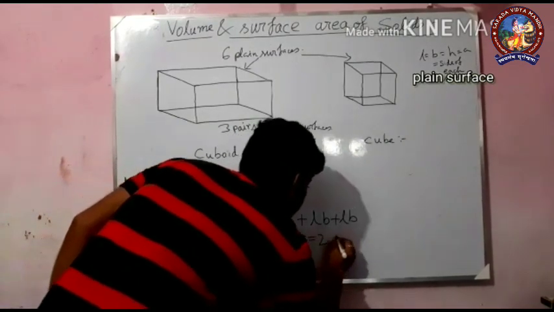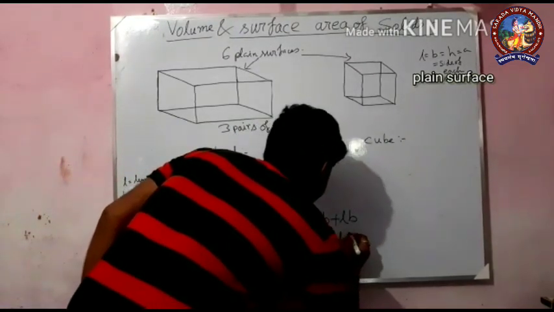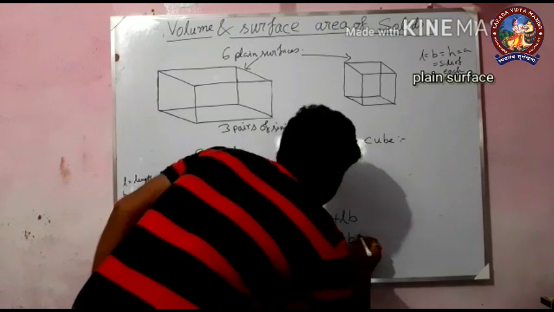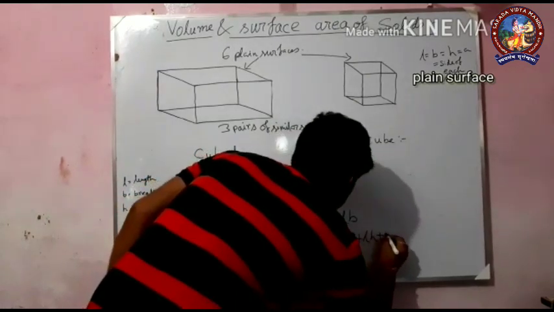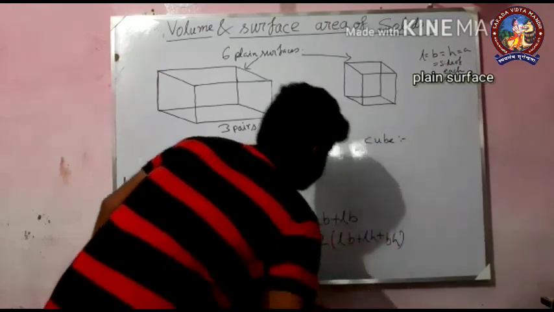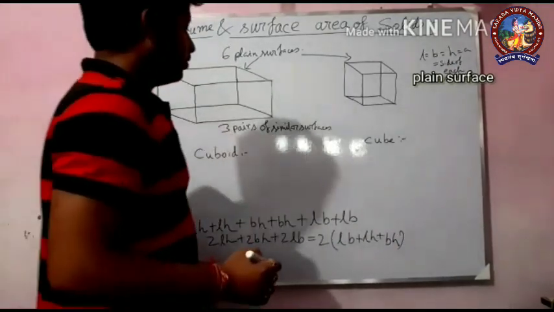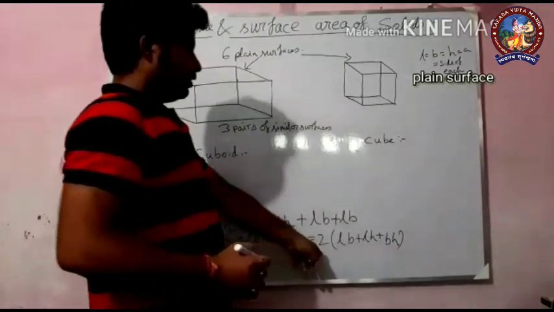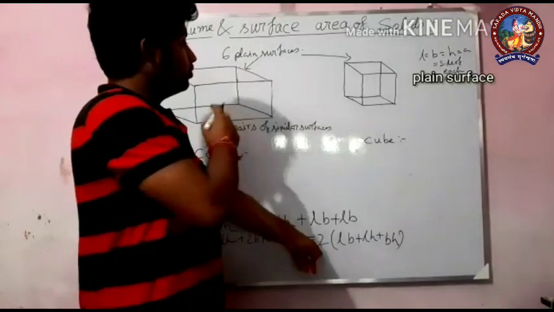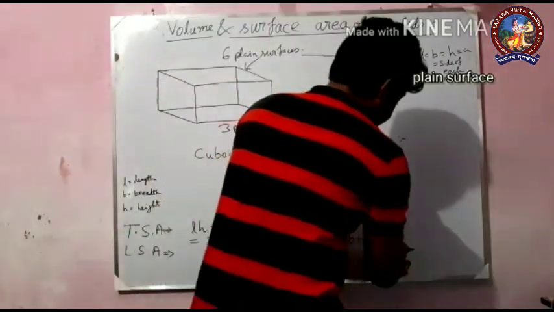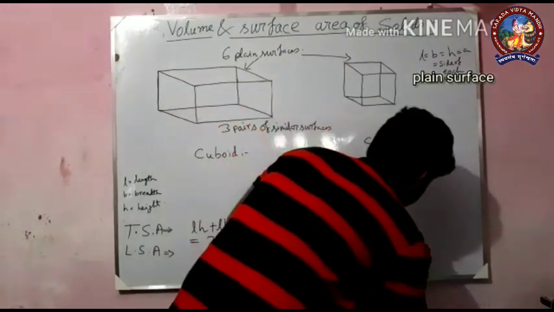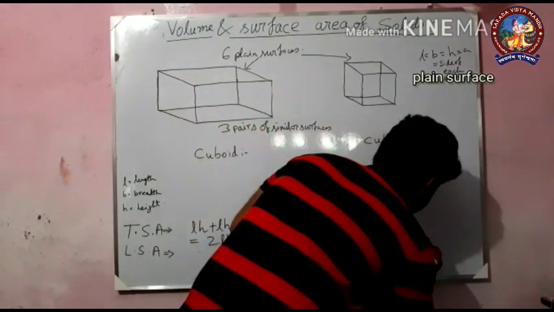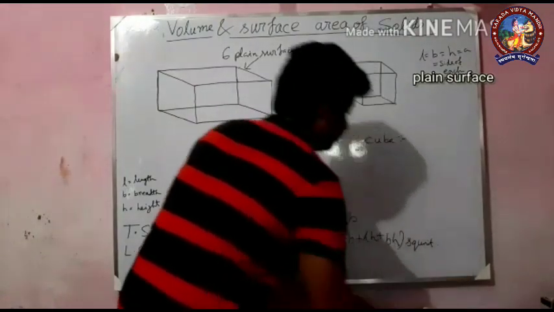That means exactly 2 into (LB plus LH plus BH). This is the formula for the area of a cuboid. Since it's an area, the unit will be in square units.